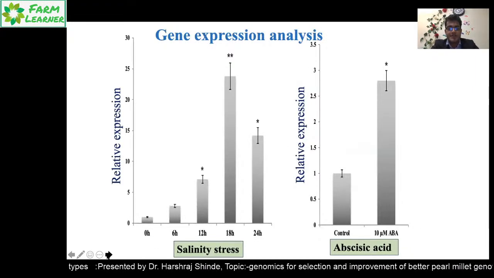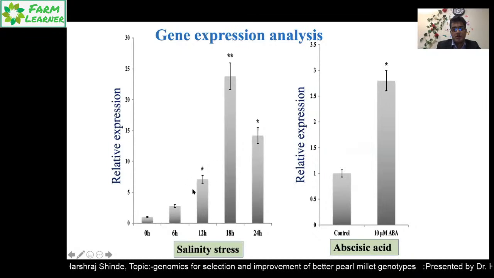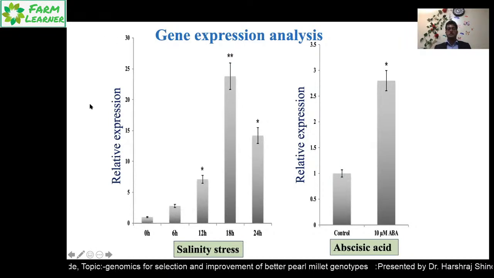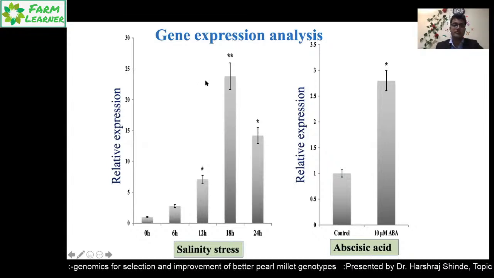We performed the gene expression analysis of NAC21 during salinity stress, and you can see that as time of salinity stress goes on, after 6 hours of salinity stress, it was upregulated. After 12 hours, it was still highly upregulated, but during 18 hours of salinity stress, it shows almost 24 to 25-fold change.